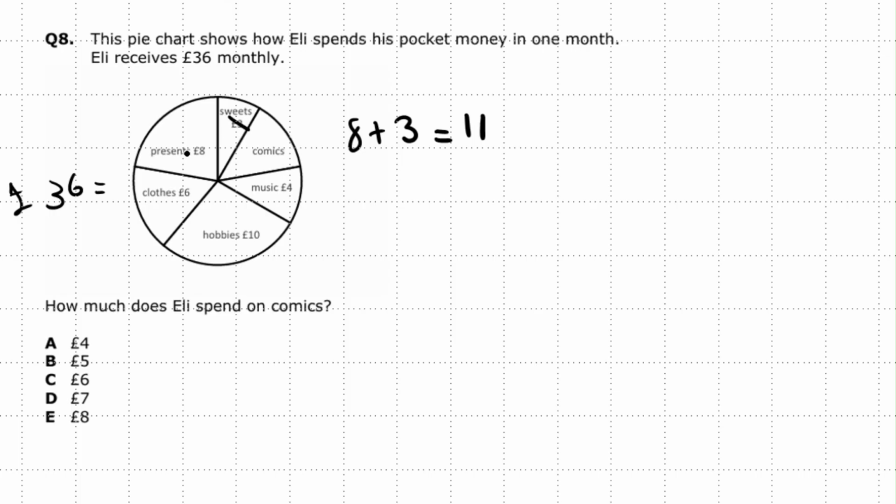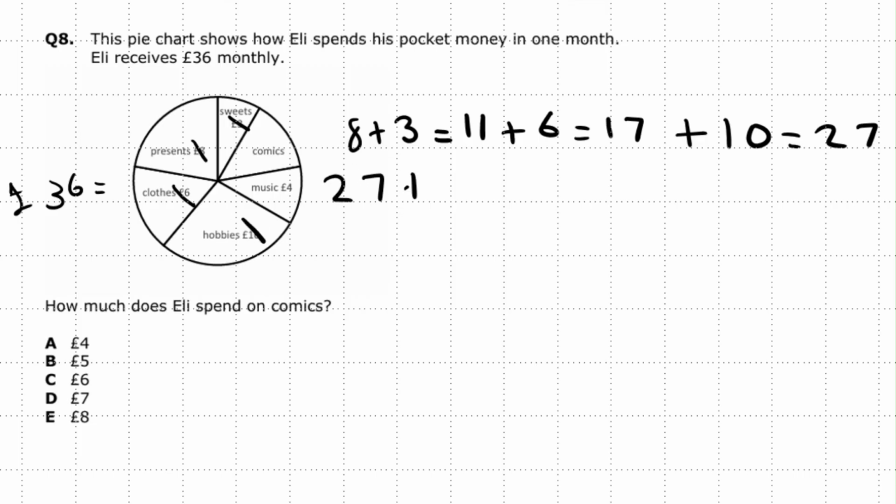So we can cross these two out. 11 plus 6 equals 17. So we can cross this one out. 17 plus 10 equals 27. Can cross it out. 27 plus 4 is 31. So we can cross it out. So we know that everything else equals 31 pounds.